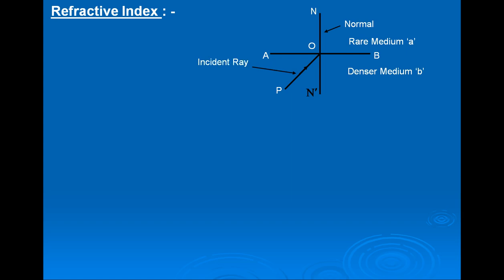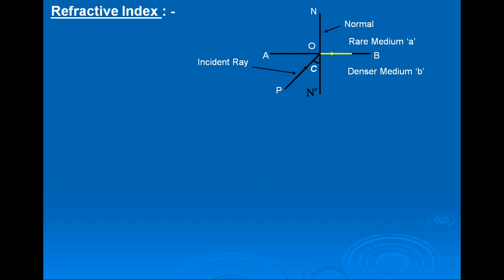Again, suppose AB is the surface separating two media, rare medium A and denser medium B, and this is the normal to the surface N dash. From point P in the denser medium, suppose a ray of light strikes the surface at point O; this is the incident ray, and suppose it makes an angle with the normal equal to C, the critical angle.